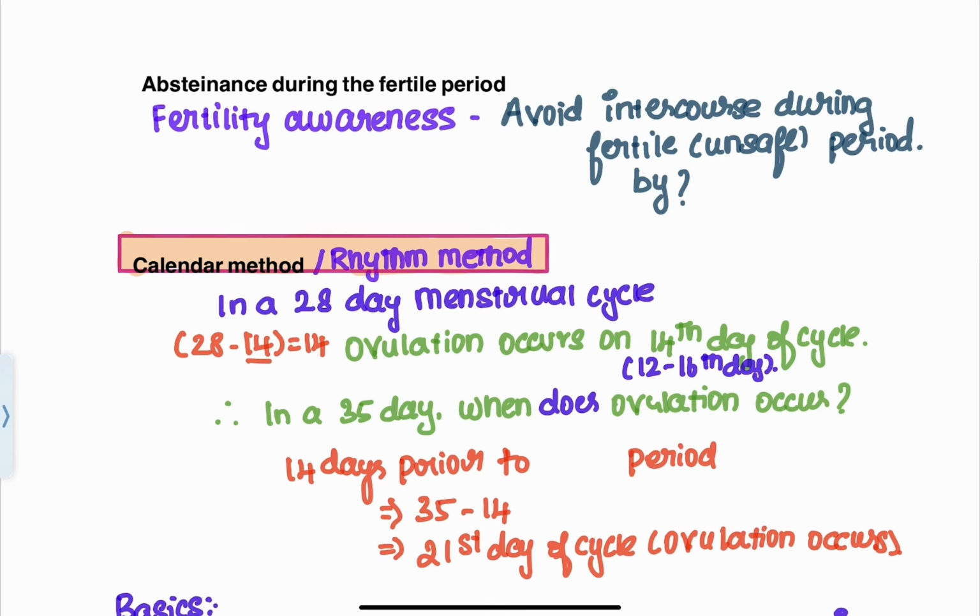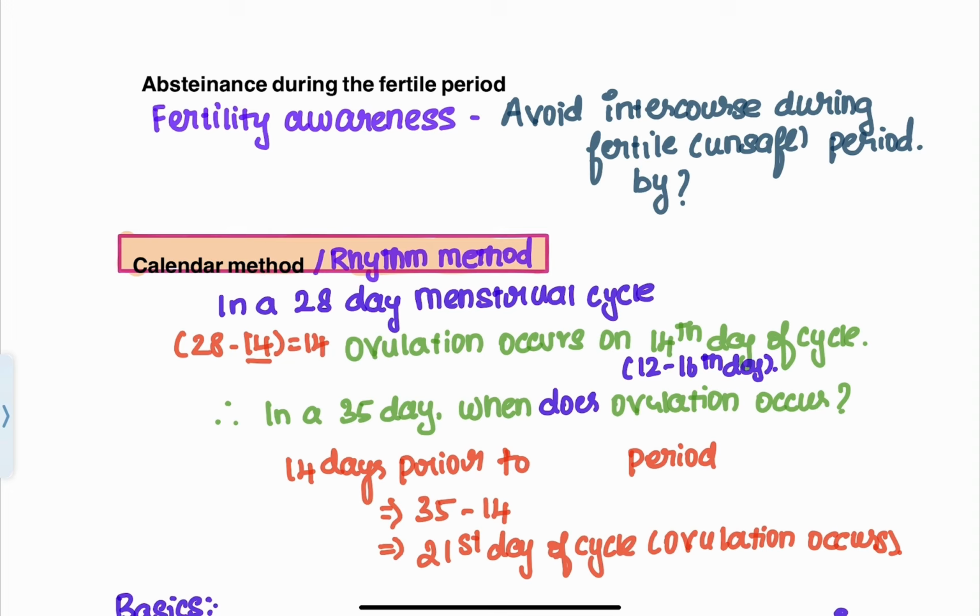Clear? Yes. So to begin with, the first natural method of contraception is the calendar method or rhythm method. Basically this calendar method or rhythm method is a method of prediction, right? You're just going to predict the time of ovulation during the menstrual cycle experienced by a female.